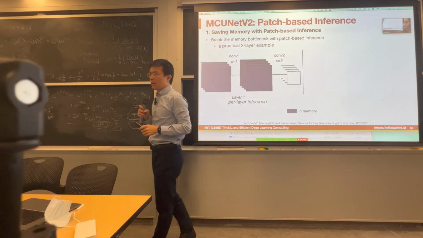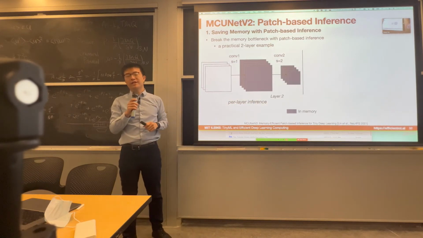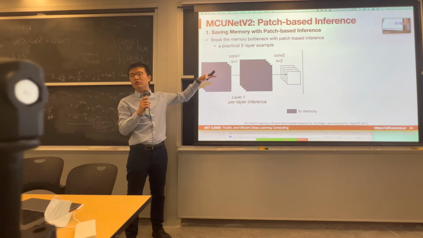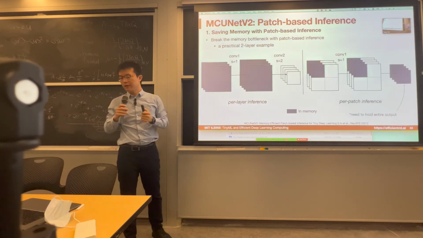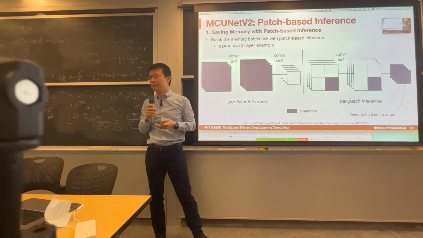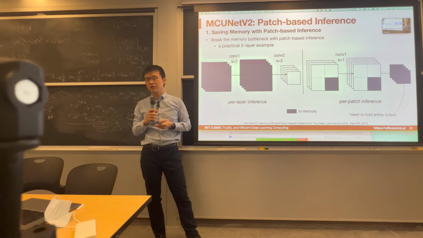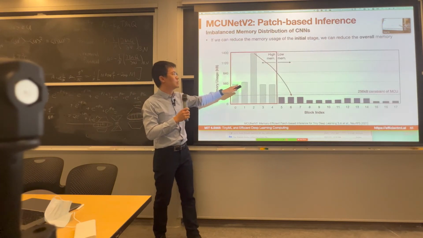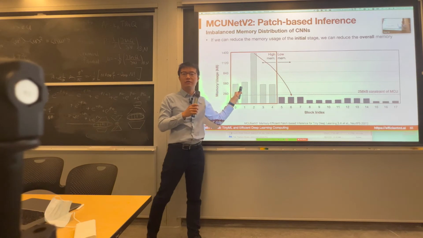Given the first couple of stages where we have this large resolution, such peak memory could be pretty large. But for later layers, as the resolution gets pooled, the footprint will be smaller. That's why the peak memory happens in the first couple of stages.